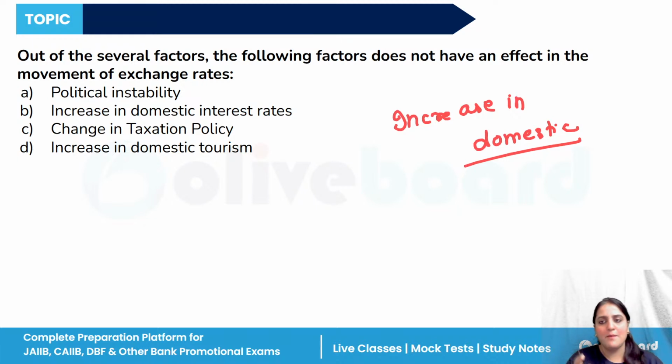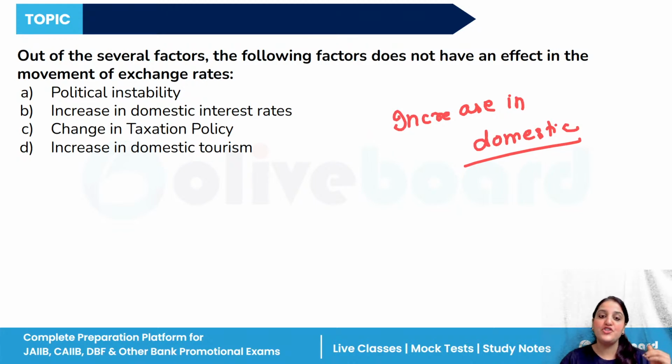If we talk about political instability, this can cause uncertainty and decrease investors' confidence, which leads to depreciation of the currency. An increase in domestic interest rate: higher interest rates often attract foreign capital, which leads to an appreciation of the currency as investors seek better returns.